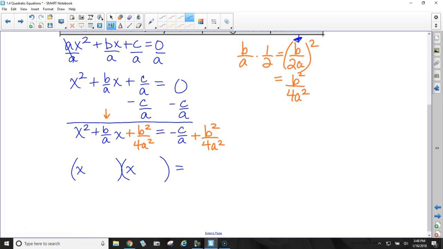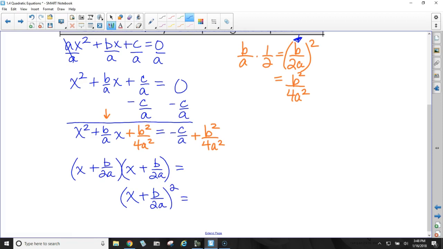So this thing factors into x plus b over 2a times x plus b over 2a. And if you want to pause right here and FOIL that out to check it, it should FOIL out to give us x squared plus b over a x plus b squared over 4a squared. Now, we are going to write this as x plus b over 2a quantity squared.